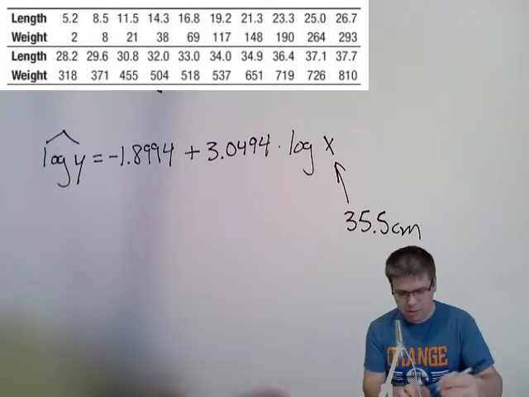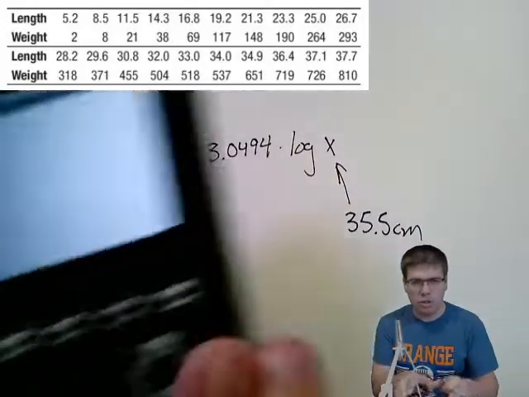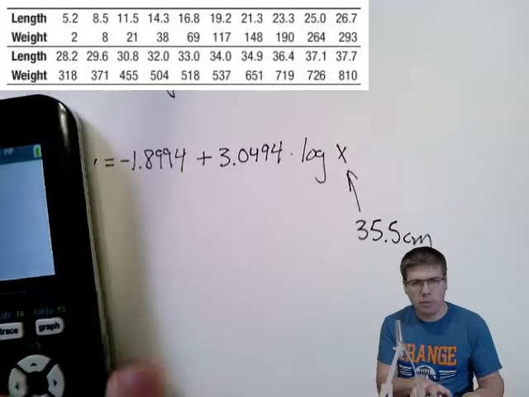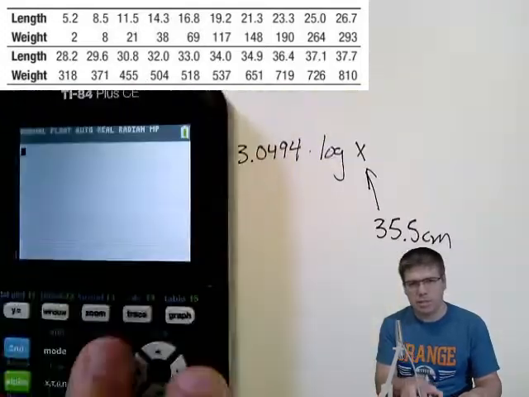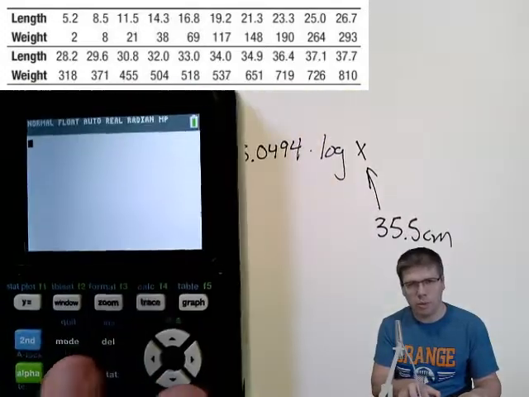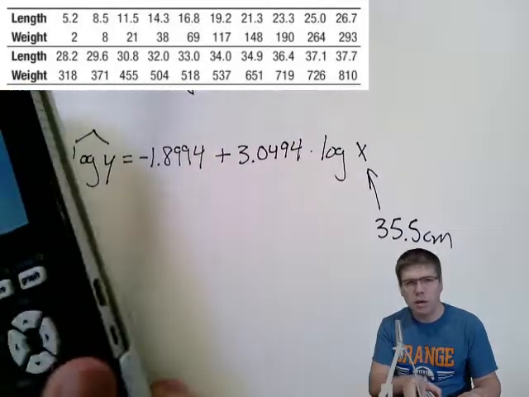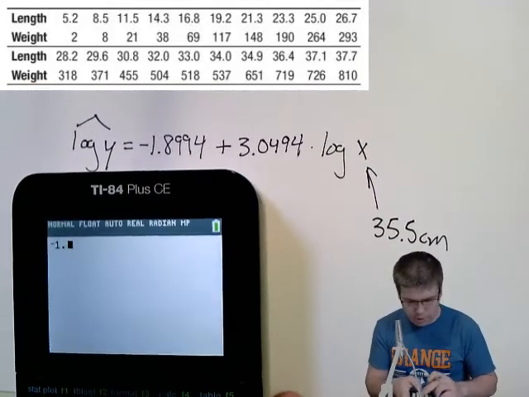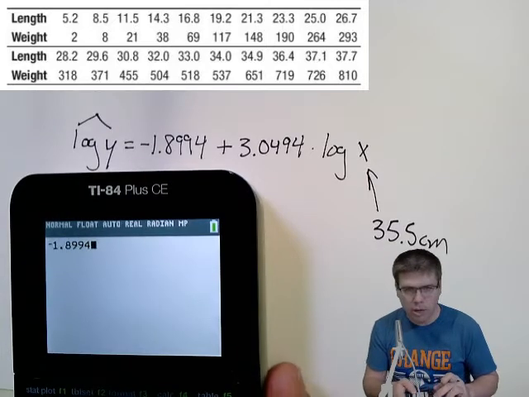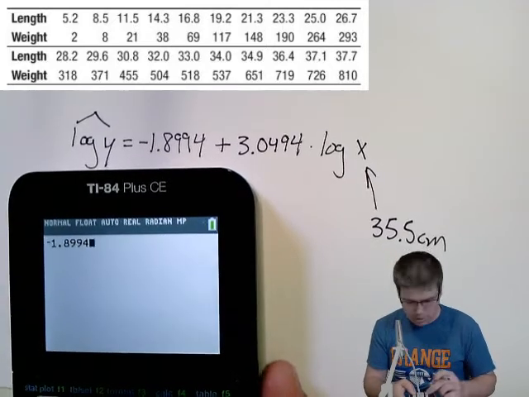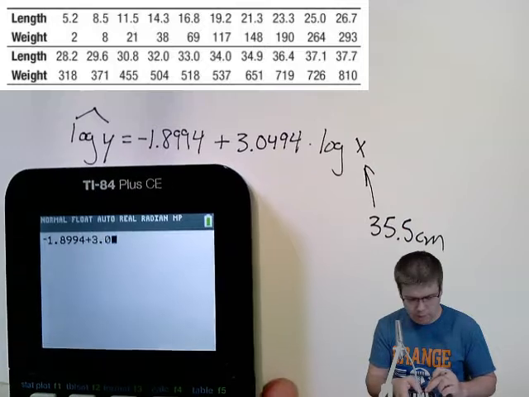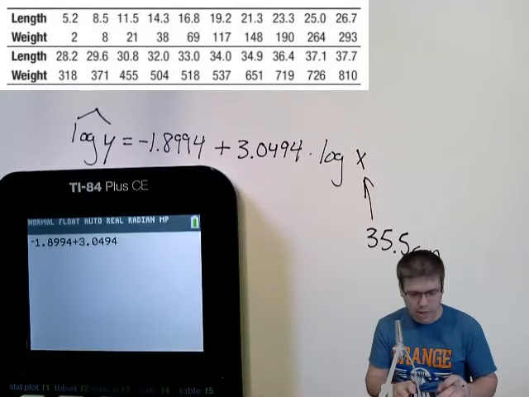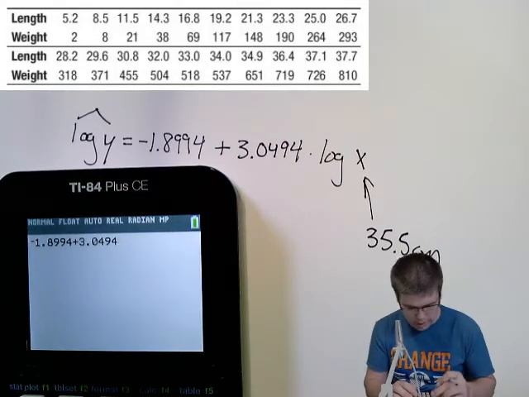So we can make that substitution. Basically we type it in just like this. We'll type in the right side, and at this point it should be pretty similar to what we did before, only we've got a log on the right side too. So negative 1.8994 plus 3.0494, and then log x.